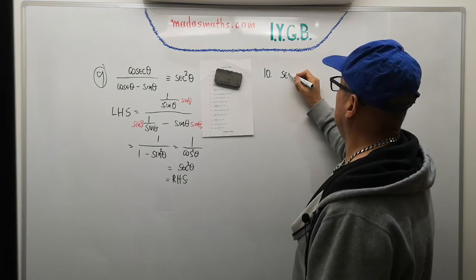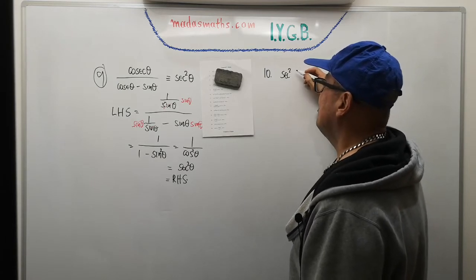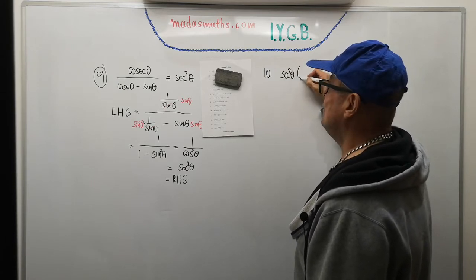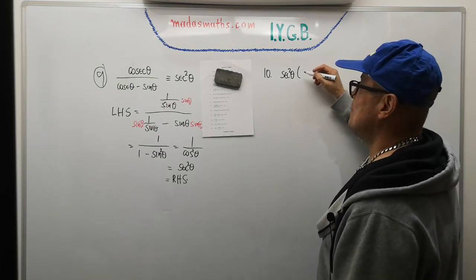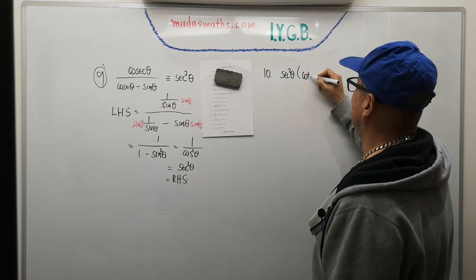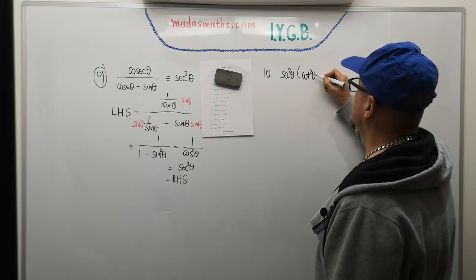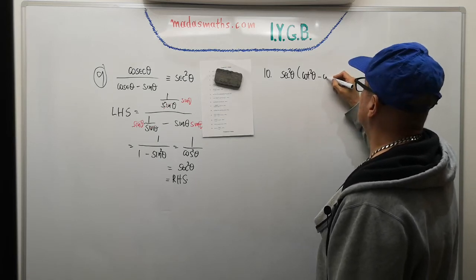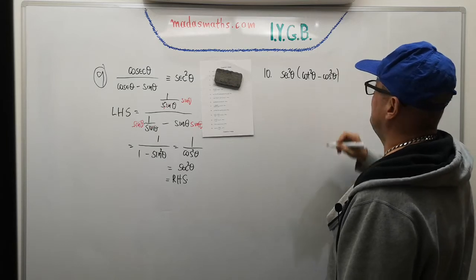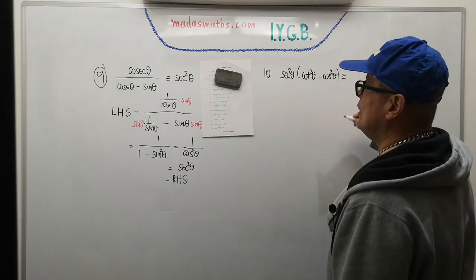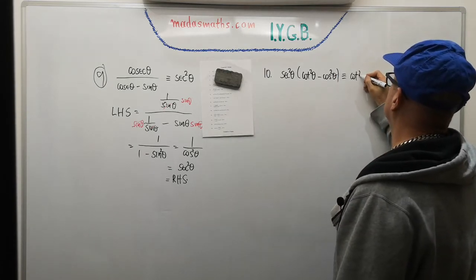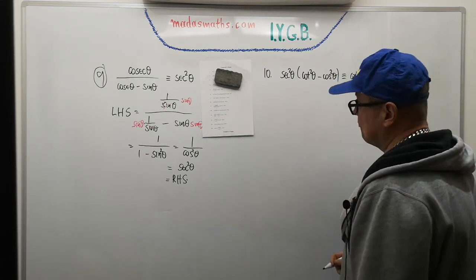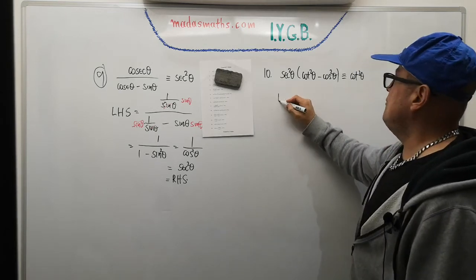If you look at number 7, the one I'm doing now is the same thing really. Cot squared theta minus cos squared of theta, and this is identically equal to a cot squared of theta. All right, we're going to start from the left.